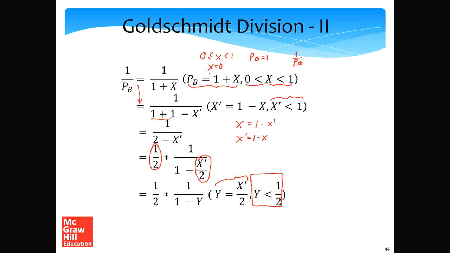So we finally end up with this expression, where 1 by the significand is half times a number of the form 1 by 1 minus y, where y is equal to x' by 2, which is equal to 1 minus x divided by 2, which can be computed very easily using a regular subtraction and a right shift. It can be computed very, very easily.